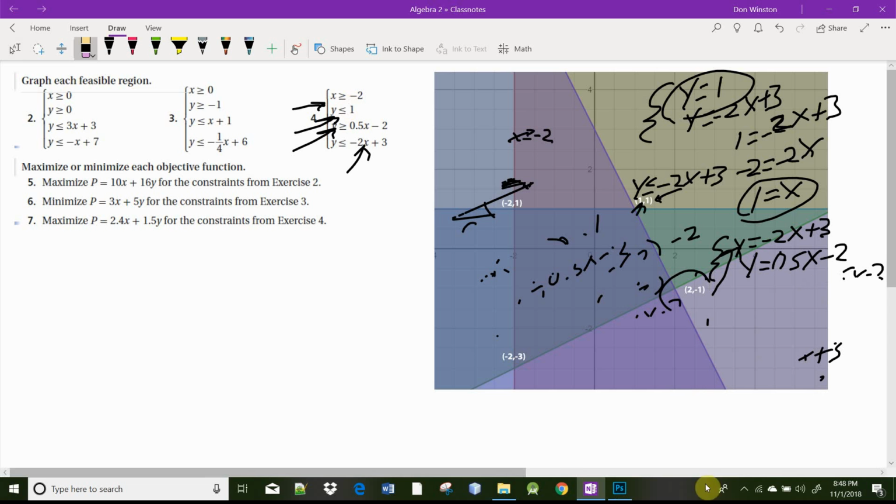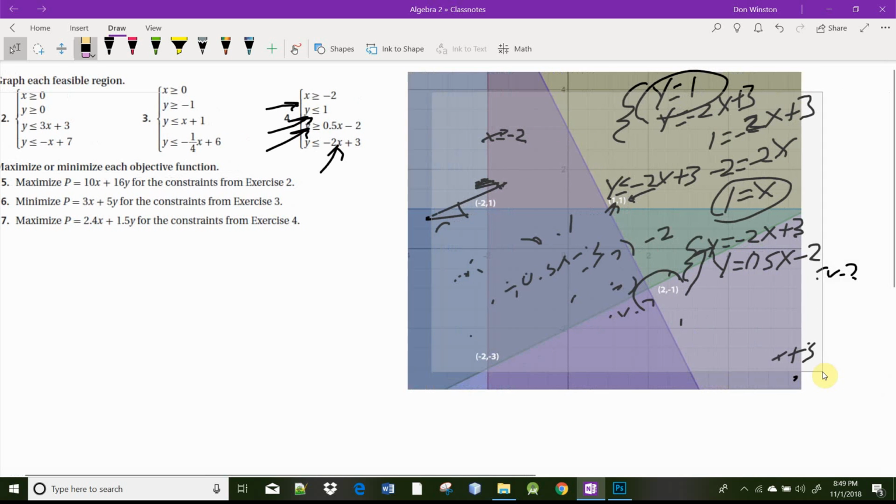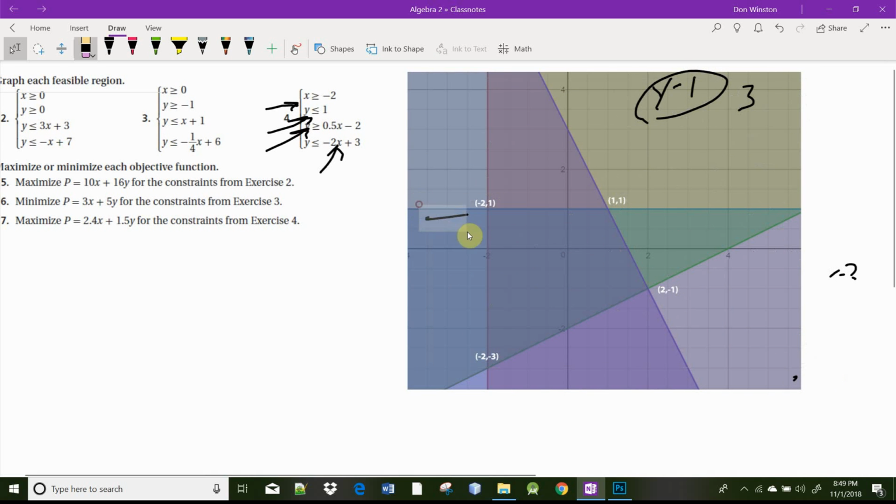So make this just a little easier. Okay, so everything is clear. Now let me clear off this too. I don't need that. We have our vertices.